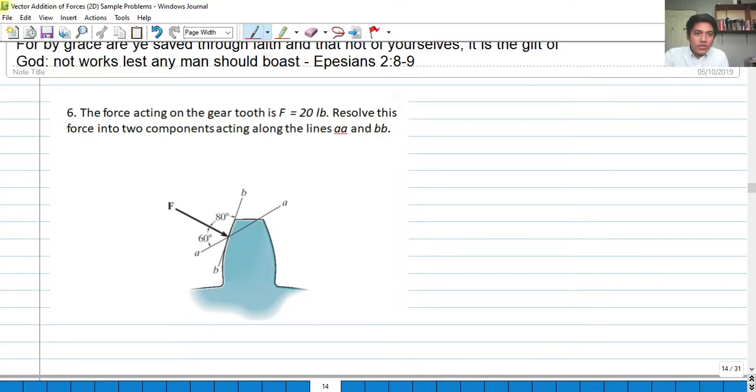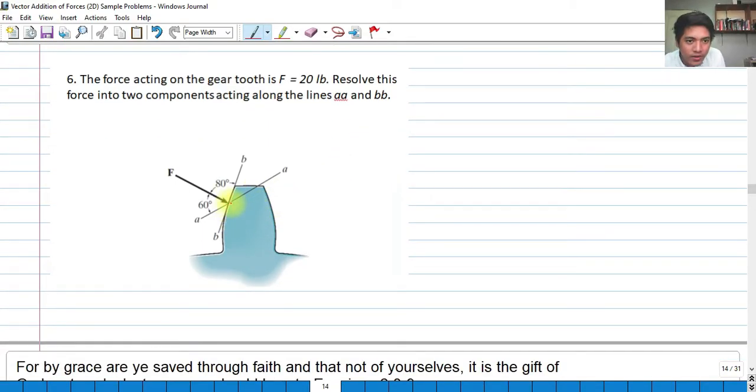We can redraw this force for easier illustration and calculation as this. This is my force. I've actually transferred this force onto this position. This is still the same force as long as I do not change the magnitude and the direction of the force.